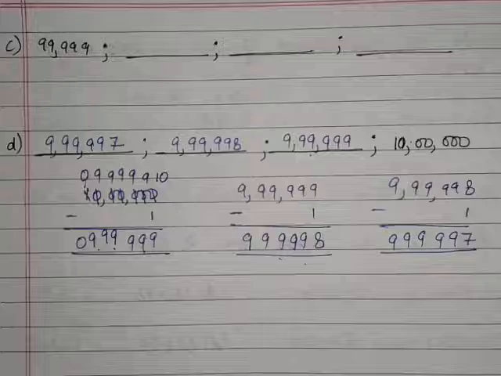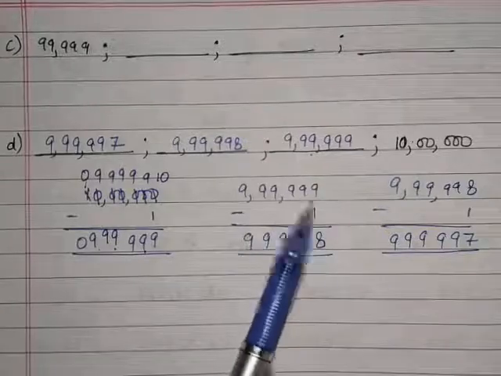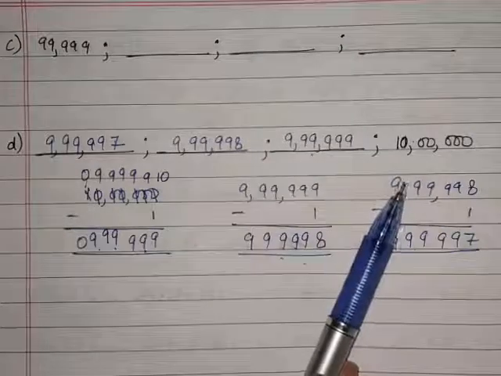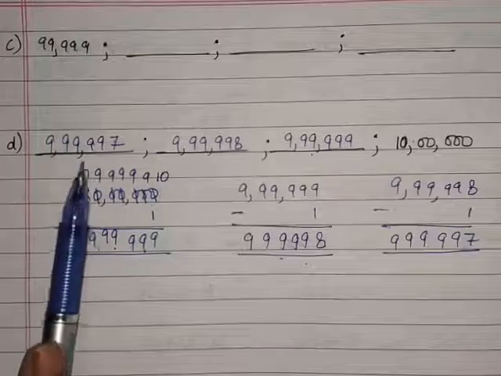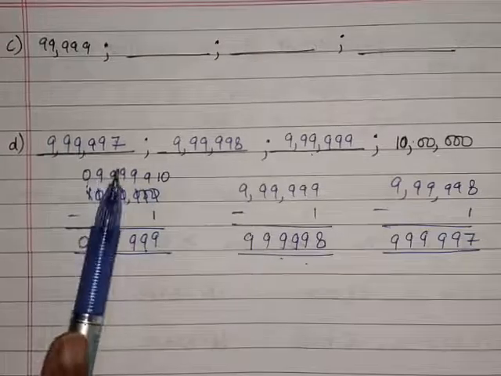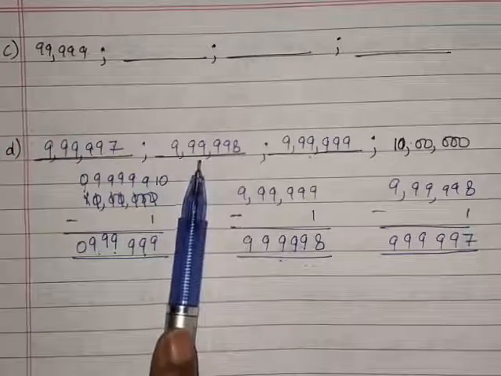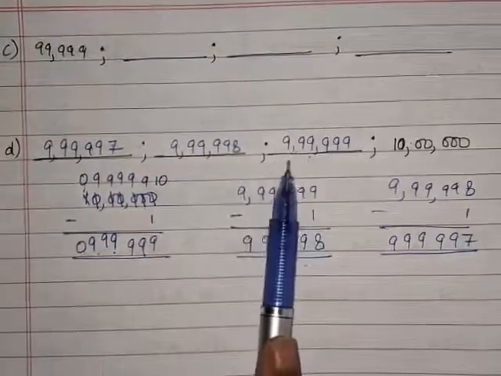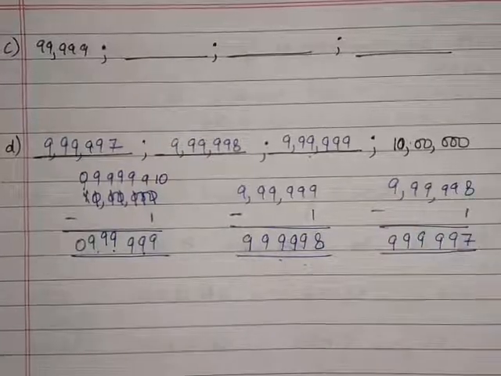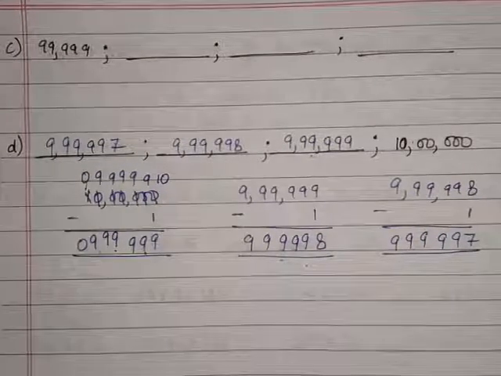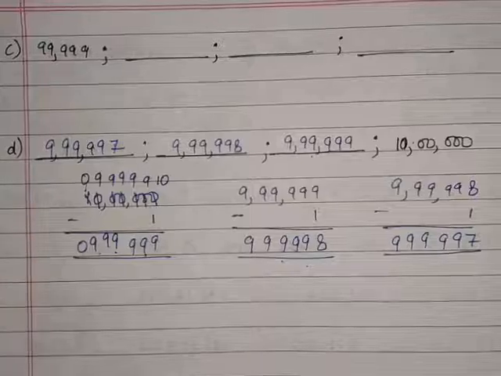So we get the three predecessors of 10 lakh. They are 9,99,997, 9,99,998, 9,99,999, the predecessors of 10 lakh. Okay. Now, the C question is homework in the 5th question.